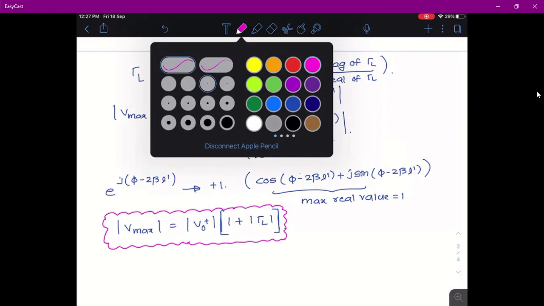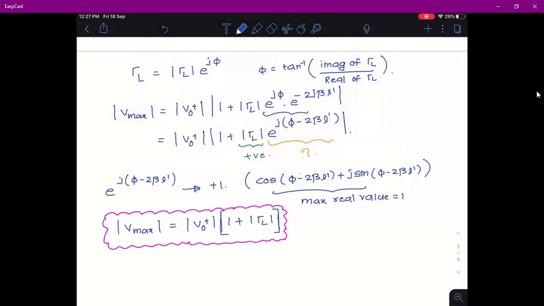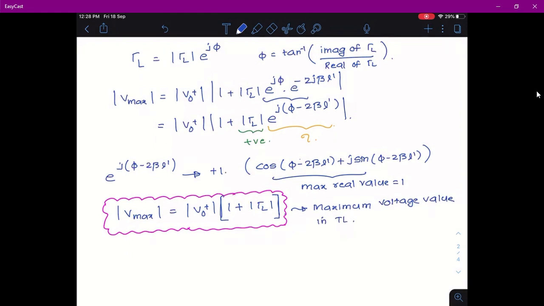So, this is the maximum voltage value in the transmission line.